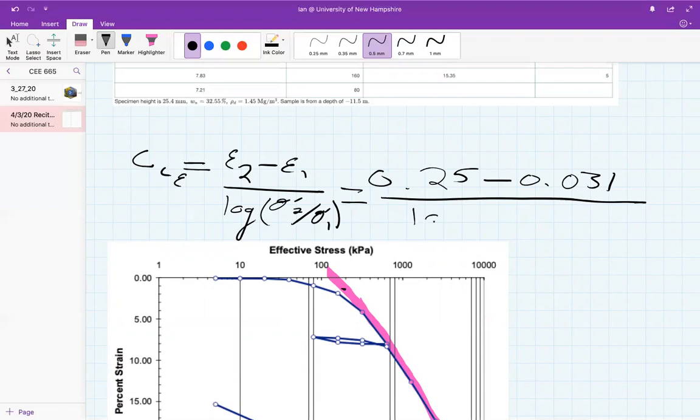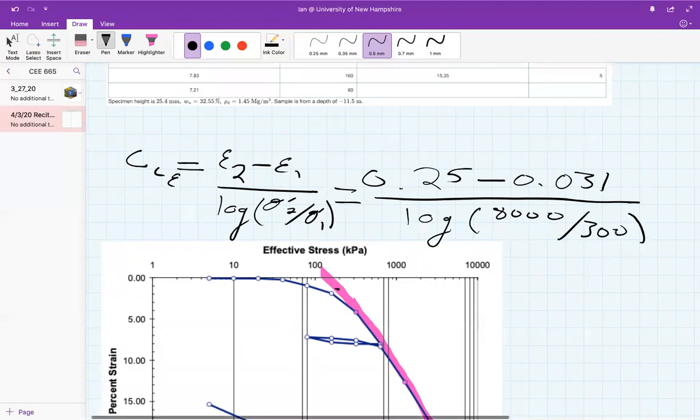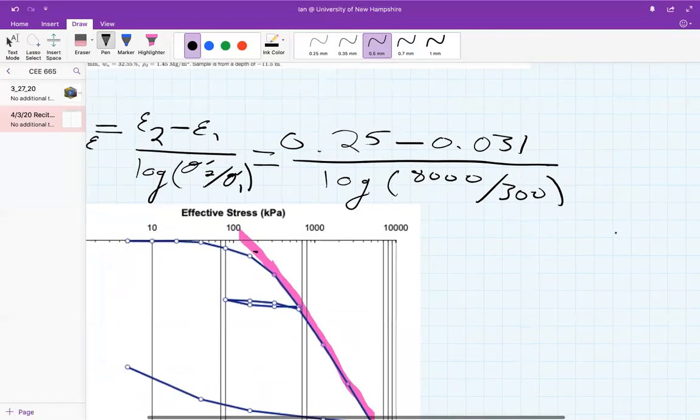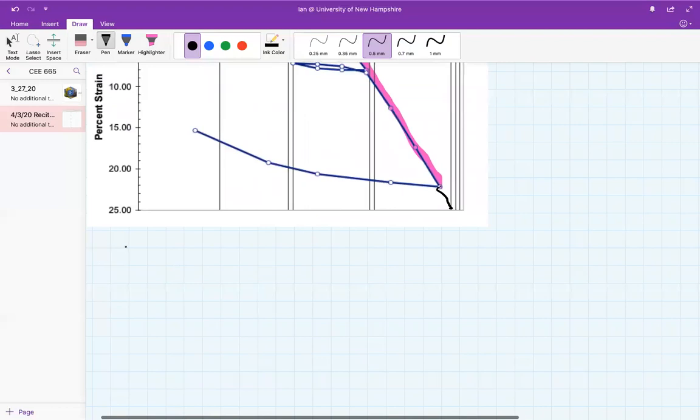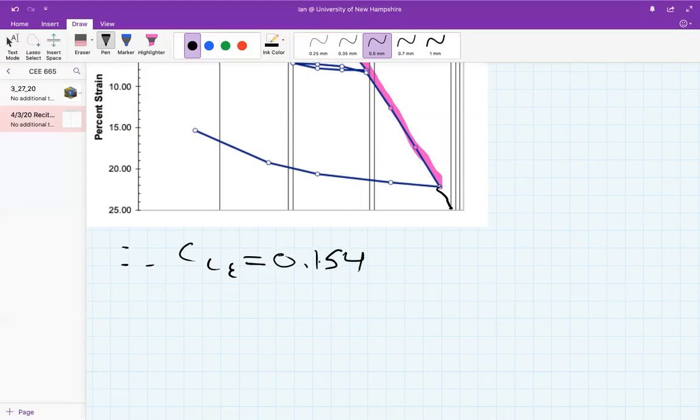We have the log of 8,000 divided by 300. So when you do that math, actually we'll just scroll down, and when you do that math, you will get C sub C strain equals 0.154. So simple enough. So that's half the problem.